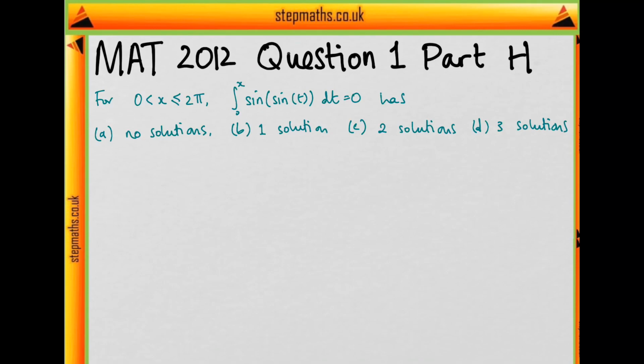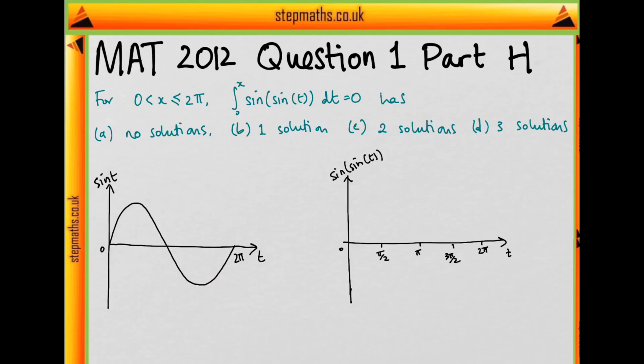So I guess the first thing to do is just try and figure out what this sine of sine t looks like. So here's a regular sine t graph between 0 and 2 pi. So what is sine of this going to be like?